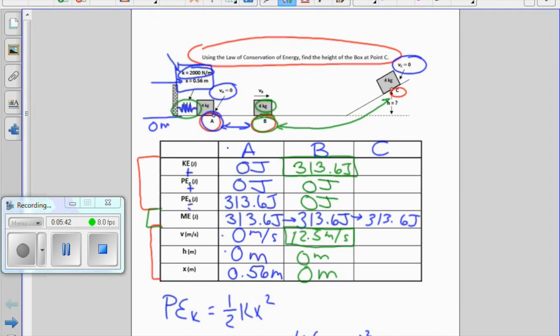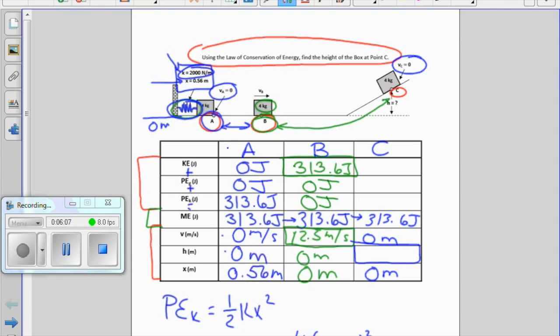Here it indicates that the velocity is 0. So I'm going to put that in for my velocity, 0 meters per second. I see no spring, no symbol like this, so I can say that the compression of the spring is 0 meters. I do not know the height. That is the entire question. So I'm going to leave that blank and see what else we can figure out.